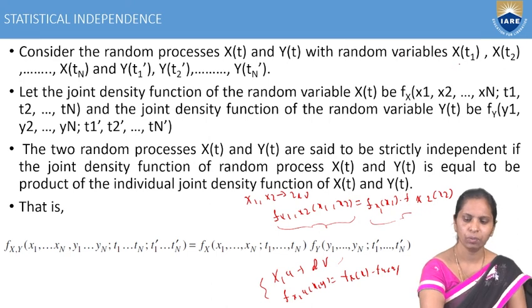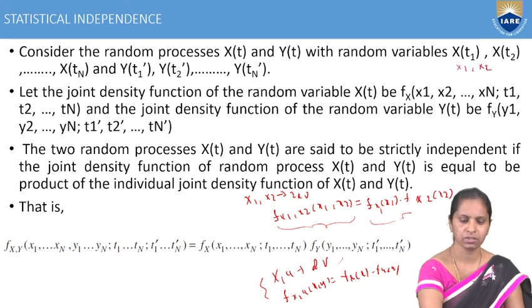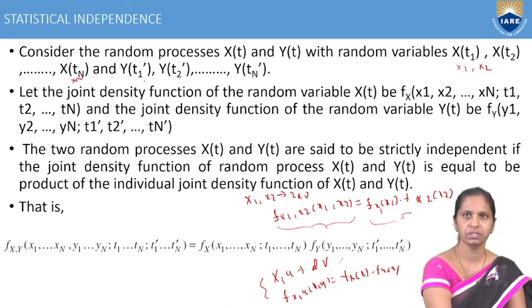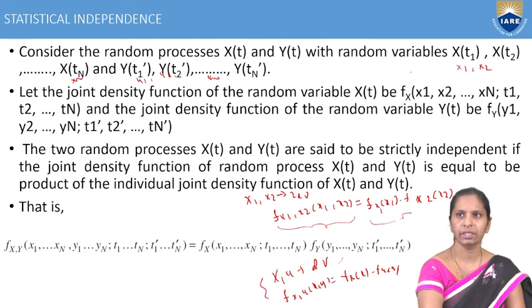So how many random variables are you getting here? x1, x2 and so on, xn, n random variables. And similarly for y you are getting n random variables, y1 and so on, yn. Then the joint density function of these n random variables is represented by fx of x1, x2 and so on, xn. How do you get x1? If I fix the random process at t equals t1, I am getting x1. How do you get x2?